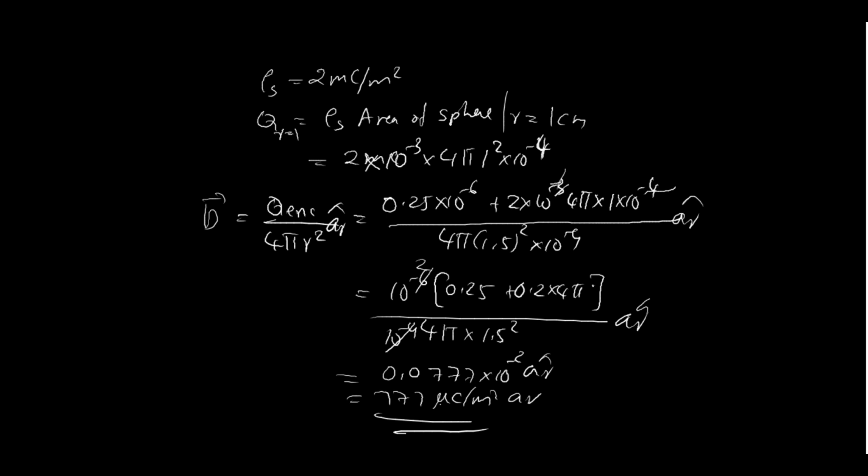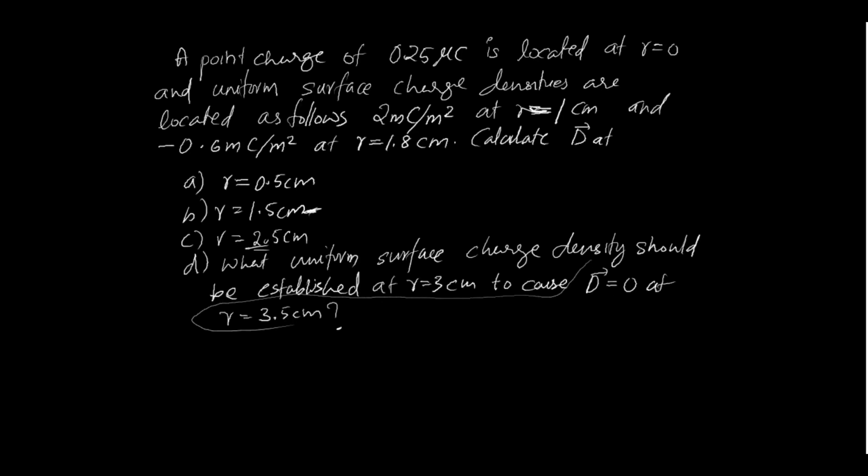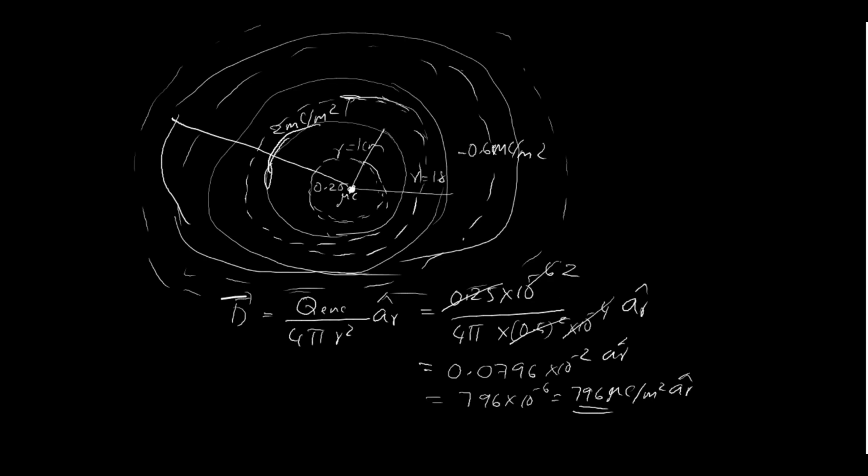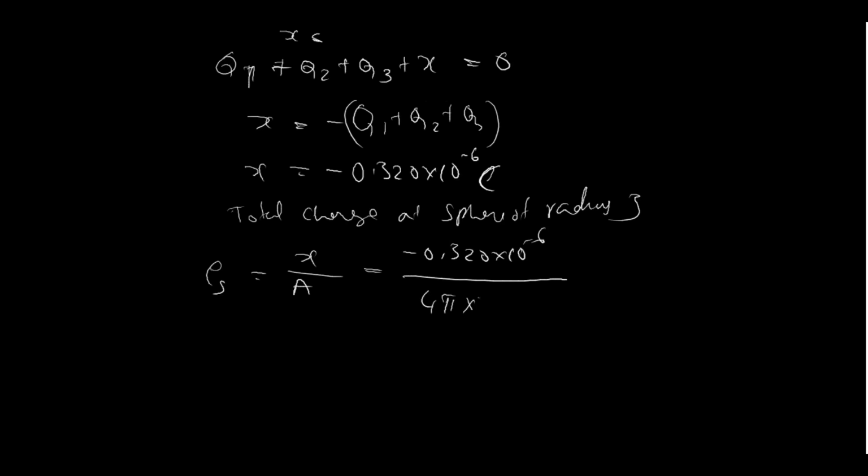We have to evaluate at r equal to 3 centimeter. If you substitute r equal to 3, it will be 3 square into 10 raised to minus 4. So if you simplify, that will be 0.0283 into 10 raised to minus 2, or it will be 28.3 microcoulomb per meter square. So this is surface charge density, so minus is there, don't forget this.